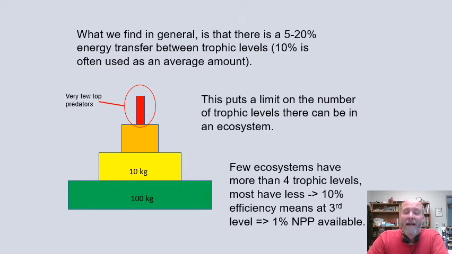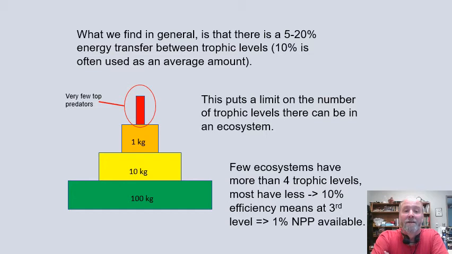If that's the amount of production for those primary consumers, and we assume 100% consumption efficiency, then only 10% of that energy is transferred into production among the secondary consumers, those carnivores.